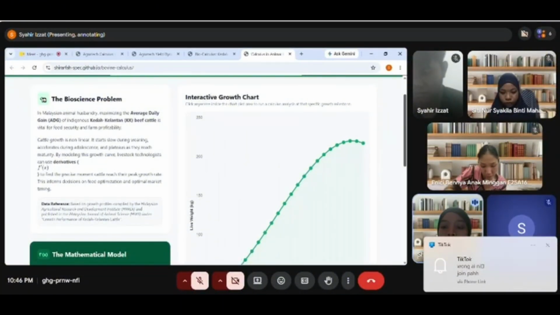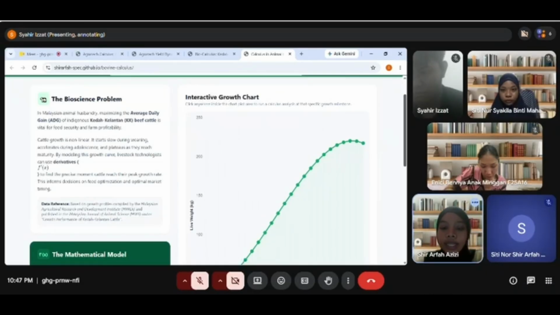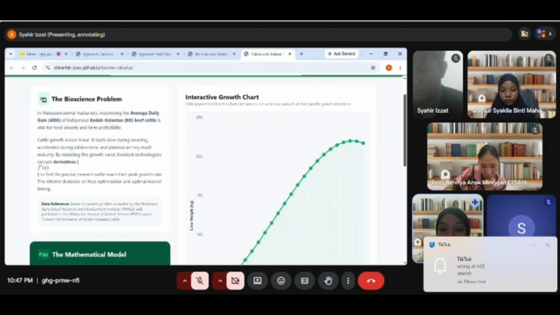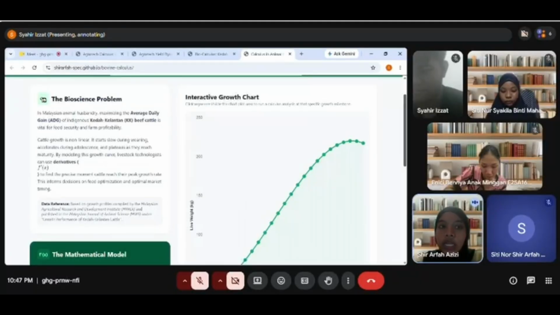The bioscience problem: the primary challenge in beef production is that growth is non-linear. Cattle do not grow at a constant rate. They follow a biological S-curve. Without a mathematical model, it is difficult for farmers to manage resources efficiently across different life stages of the animal.